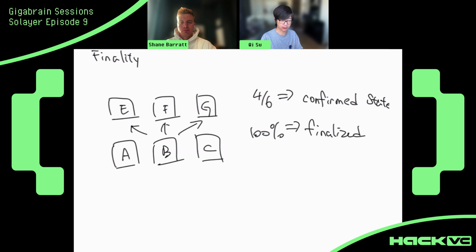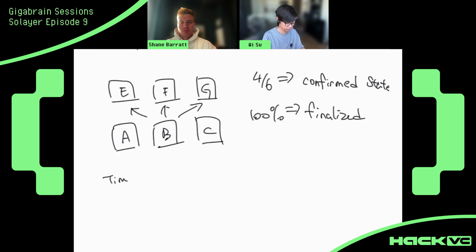When you have a confirmed block, and then 32 more blocks are confirmed, this block is considered finalized. And the time of finality is around 12 seconds.